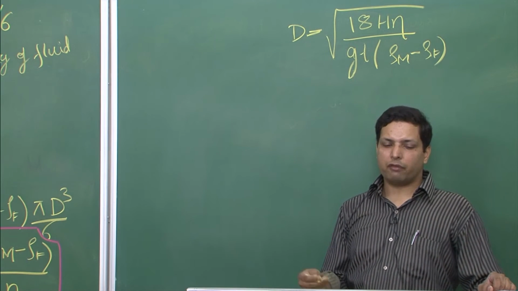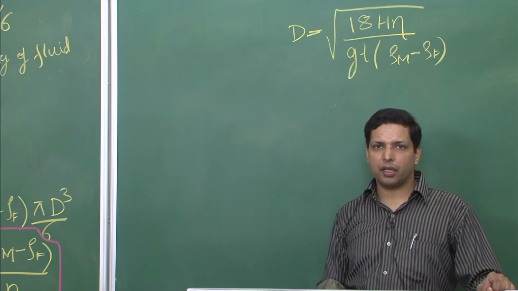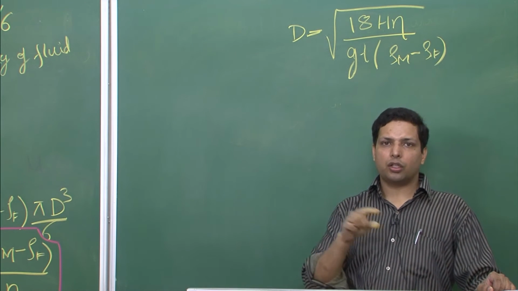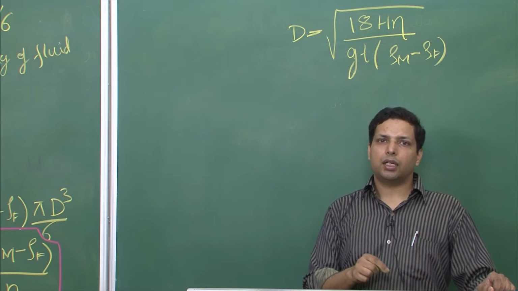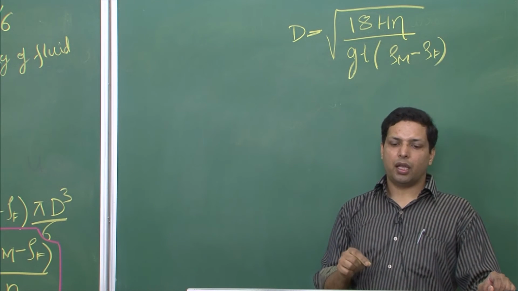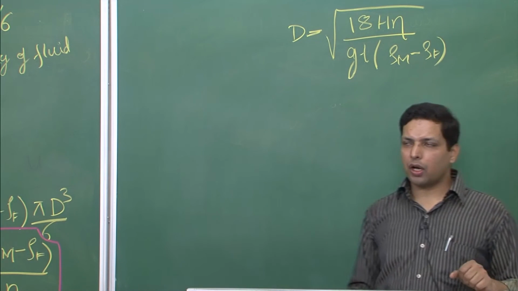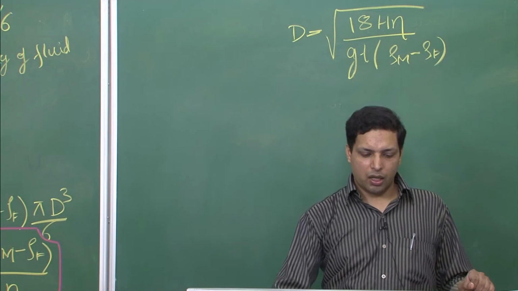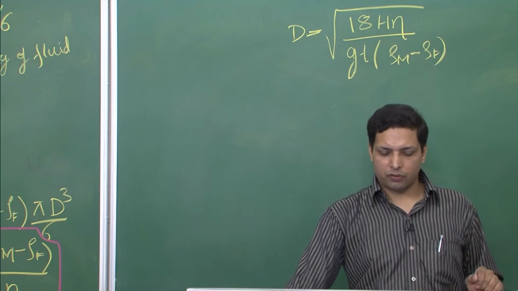In fact, you can put a weighing machine, and since you know the diameter for a particular time, you will be able to calculate the weight gain or the cumulative weight as a function of time, and then from there you can calculate the number fraction that is reaching the weighing machine in that particular time. So, there are simpler ways to get this, but the overall idea is that you can use sedimentation as a technique to characterize powder, and particularly powder size. So, you can characterize it on the basis of size as well as weight.